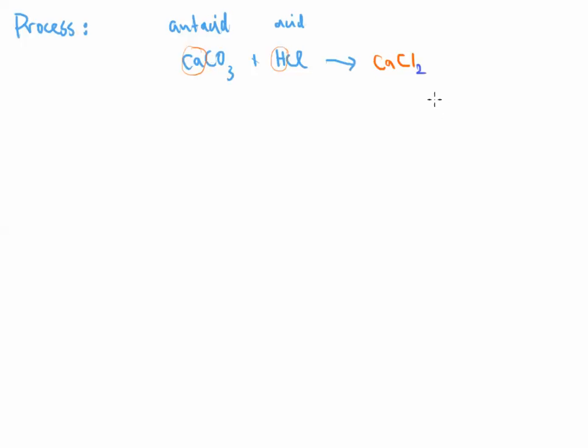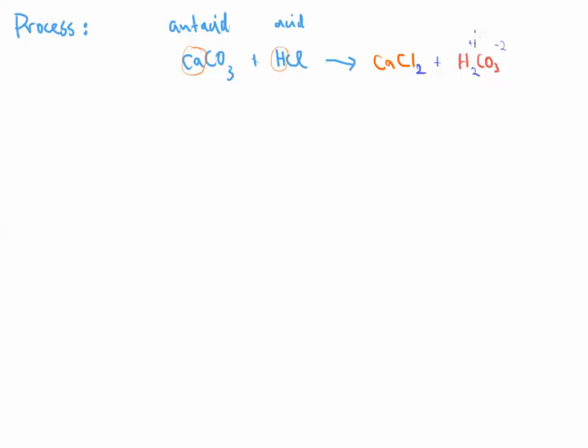All right. And then I'm going to add to that, instead of an HCl, it's going to be H and a CO3 group. So an H and a CO3. All right, well, hydrogen is a +1. A carbonate is a -2. So this is not going to work for me either. I need to make that balance and make it work. So I'm going to have to put a 2 there.